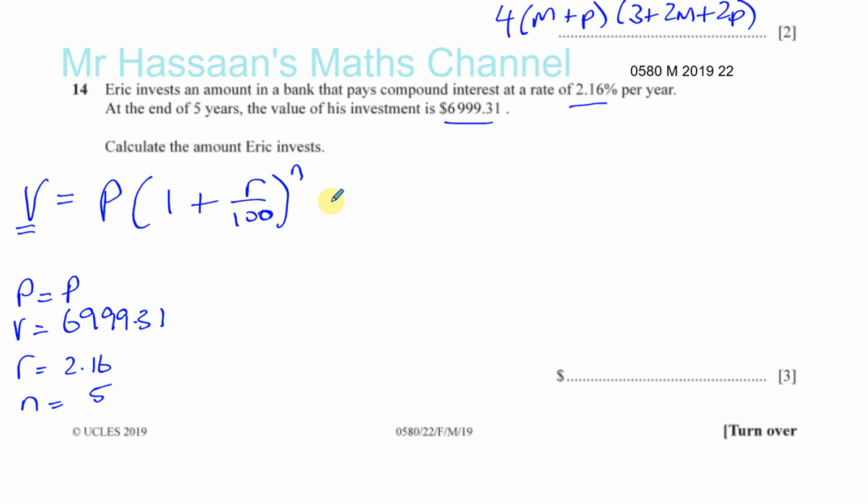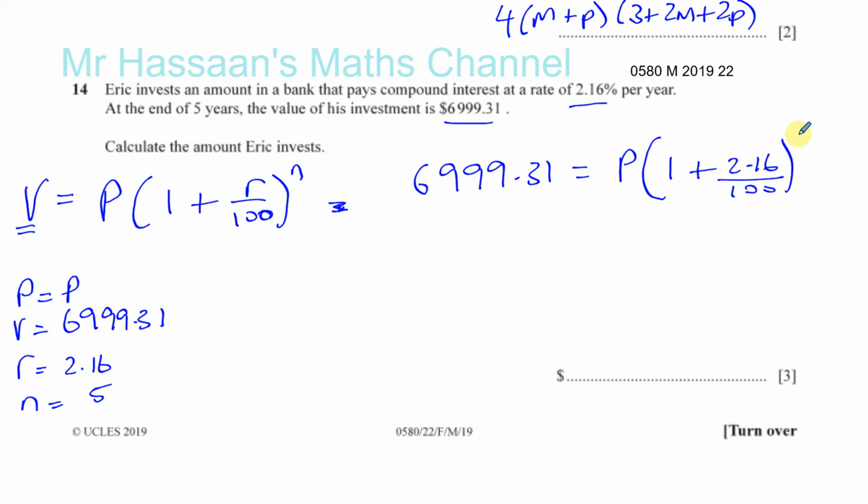So we know that the value is 6,999.31, and that's equal to his initial investment, which is what we have to find, P, times (1 plus 2.16 over 100) to the power of 5. Now basically I have to find what this is and divide that side by that.